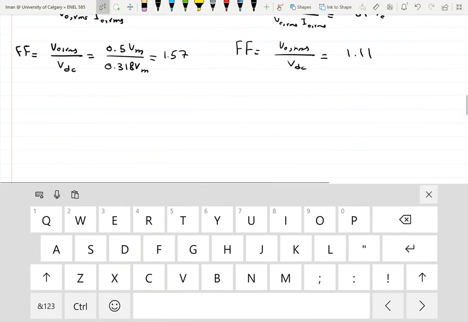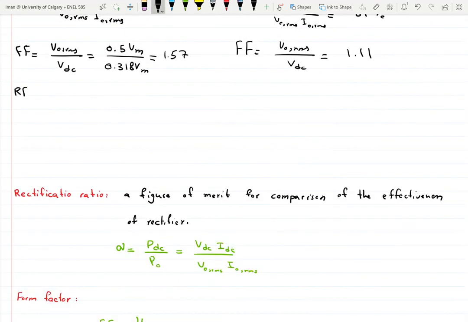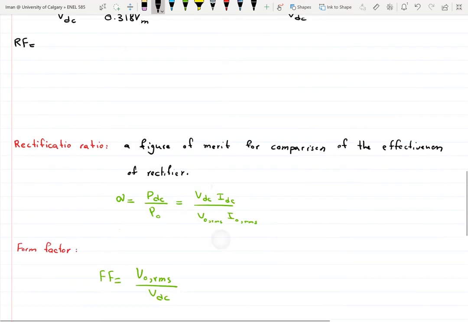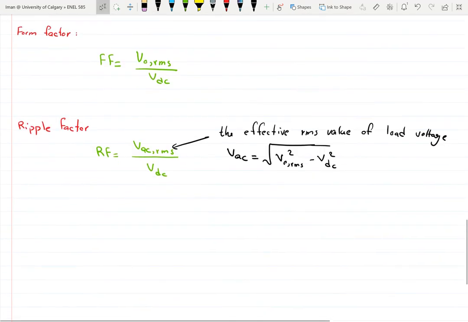Okay, so the ripple factor for half wave, if we put this in here, we can simplify it further as being equal to form factor to the power of 2 minus 1.